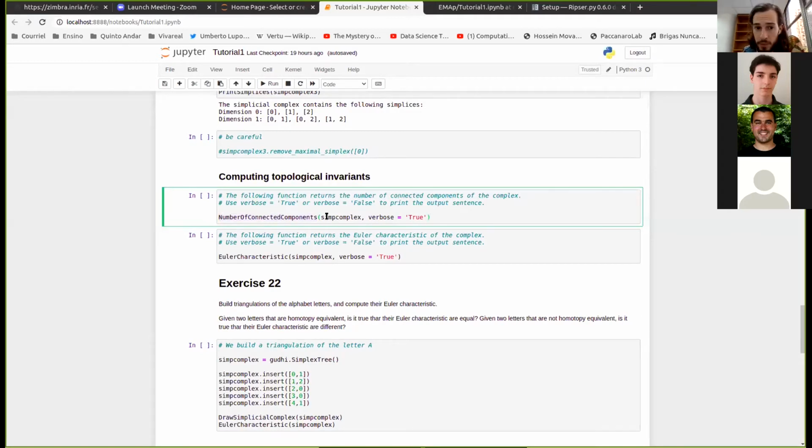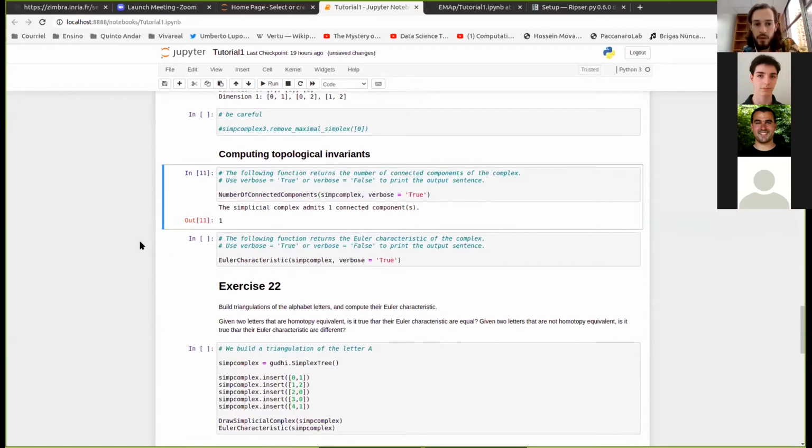You simply put your simplicial complex inside. This argument is not important. Verbose simply means, do you want the sentence to be written? Let me show you. When I use this function, I can read: the simplicial complex admits one connected component.